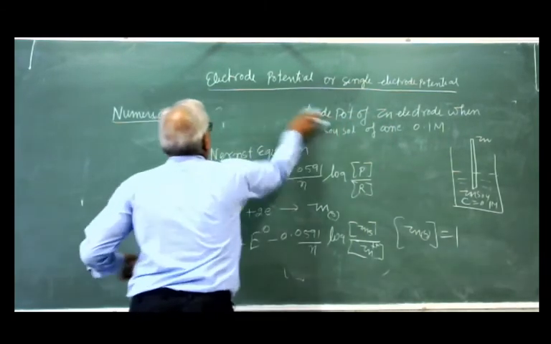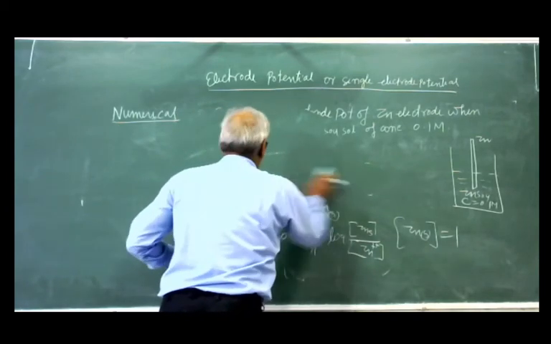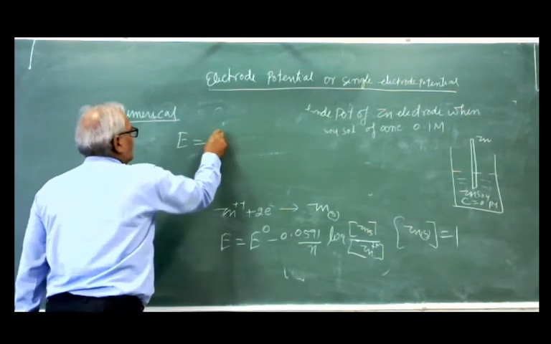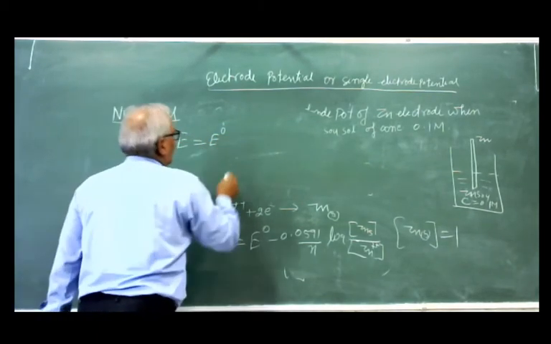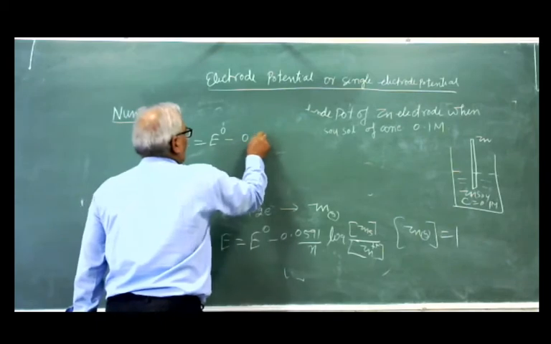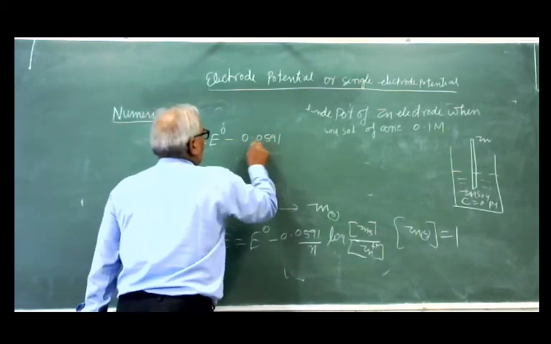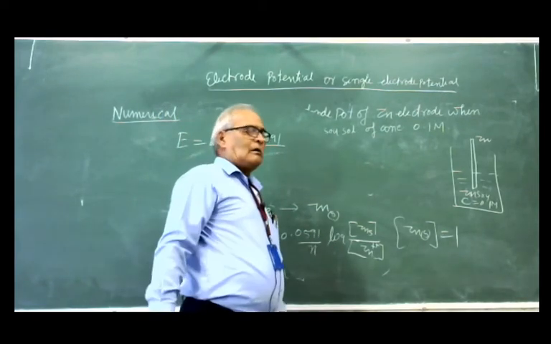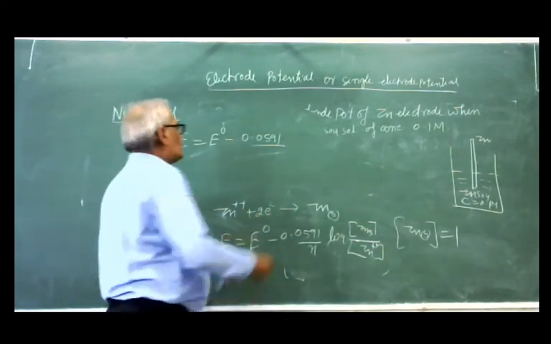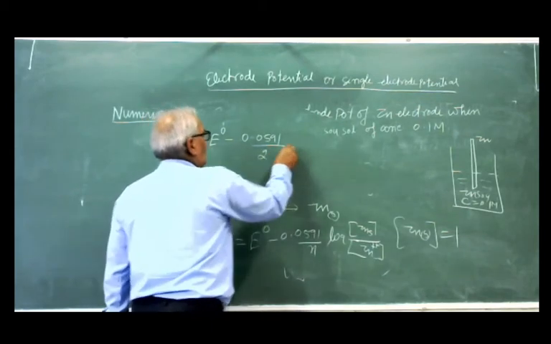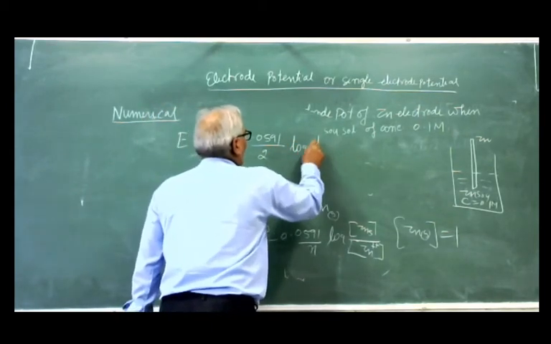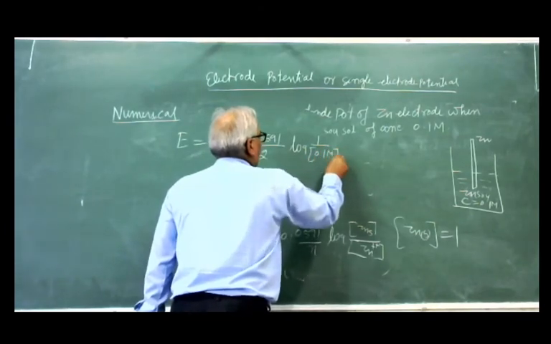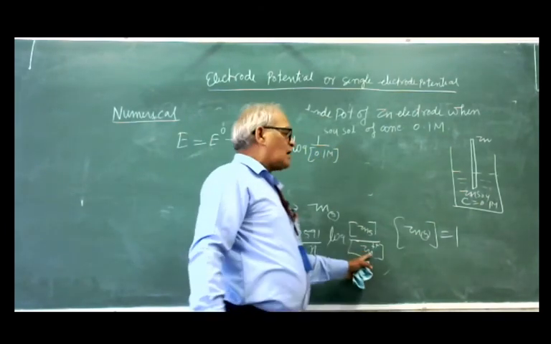And therefore the electrode potential is E equal to E0 minus 0.0591 upon n. n means 2 electrons are taken, so the value of n is 2, log 1 upon 0.1 M. This is the concentration of the zinc ion.